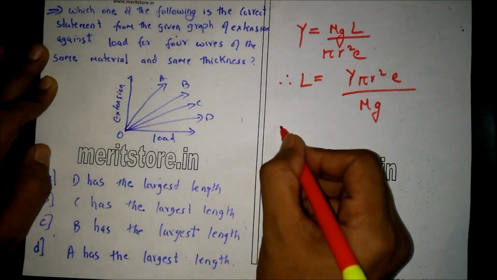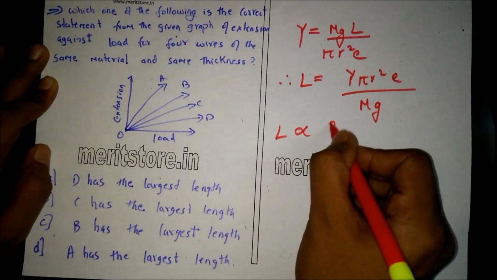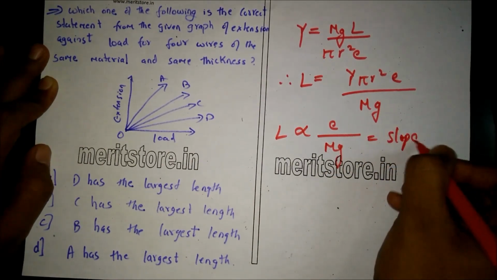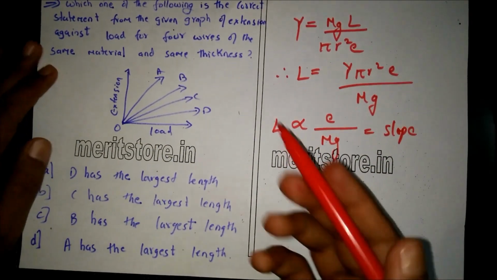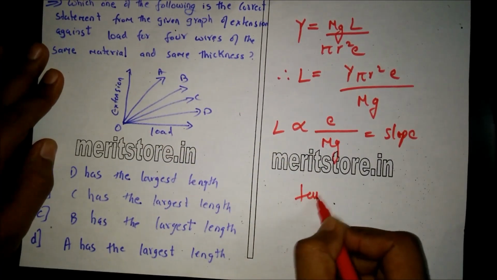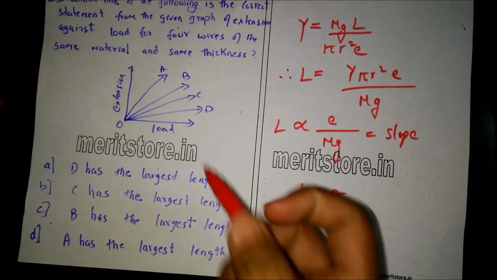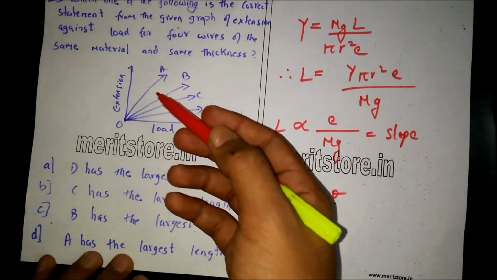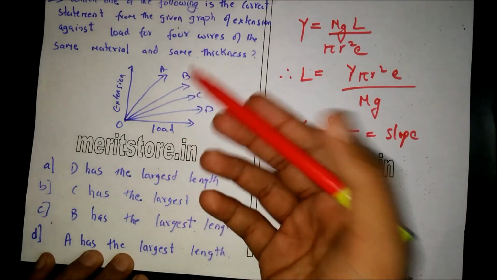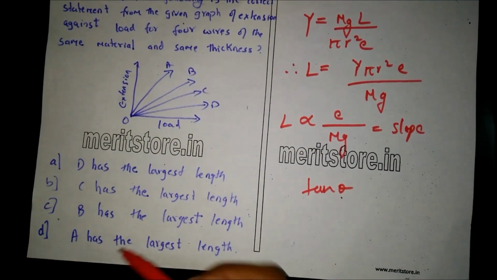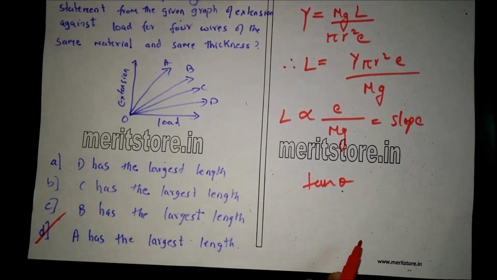Therefore we can say that L is directly proportional to E upon mg, which is also the slope of the graph. Whichever has the largest slope, and slope is defined by tan theta, so whichever has the largest angle will have the largest length. So here A has the maximum length since its slope is maximum. Therefore the correct answer is option D. A has the largest length.